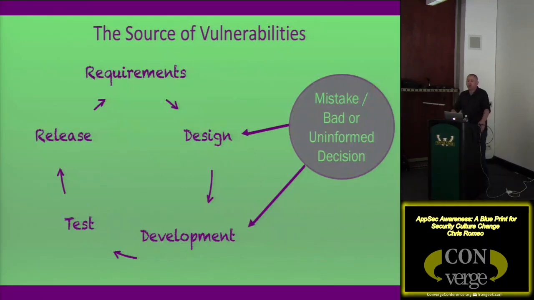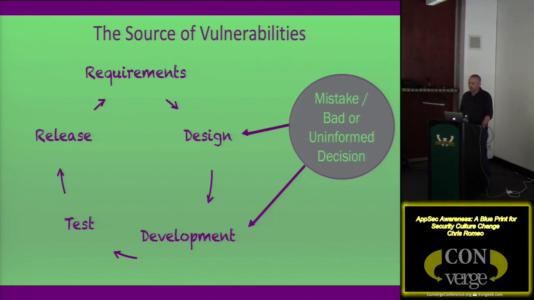And if we think about where vulnerabilities enter the process, this is a very simple approach to the secure development lifecycle. It's requirements, design, development, test, and release. What I find in my travels and in my experience at Cisco and other places is the majority of those vulnerabilities come into the system via the design and development phase.